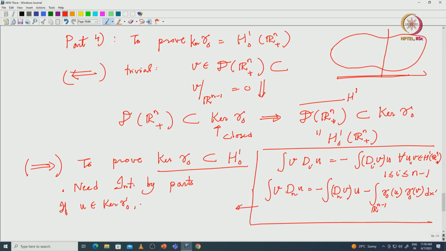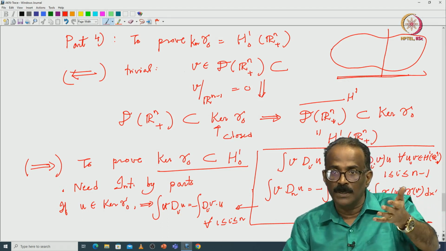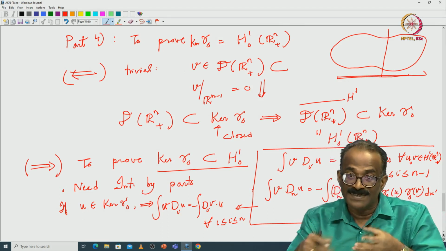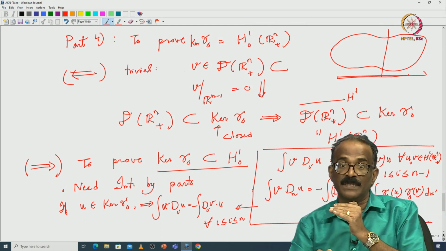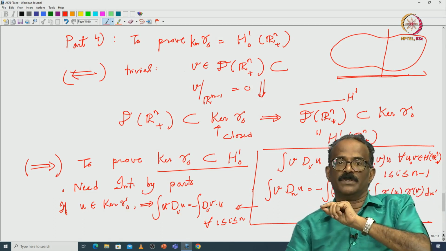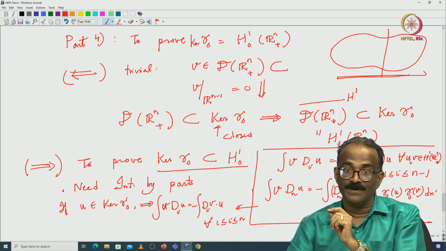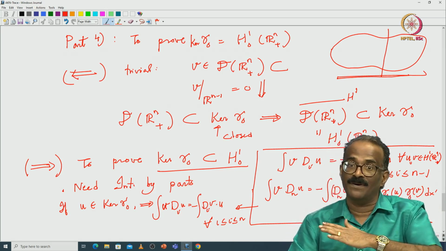So you get immediately that the integral of v d_i u equals minus the integral of d_i v u, for all 1 less than or equal to i less than or equal to n, and this is the exact formula you need for the extension. If gamma naught of u equals 0, you can extend by 0. The extra boundary term would pick up only the boundary values when you extend by 0.